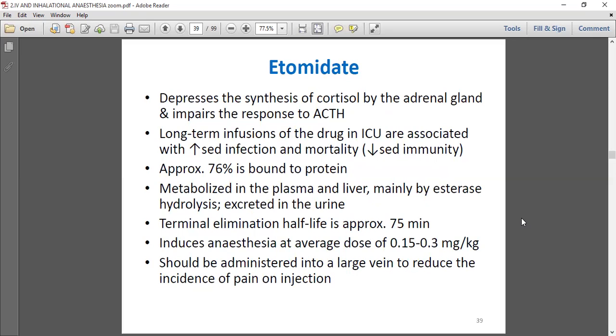That's what I understood. But he is saying terminal elimination half-life. Elimination, it being excreted. But it will be in the system.